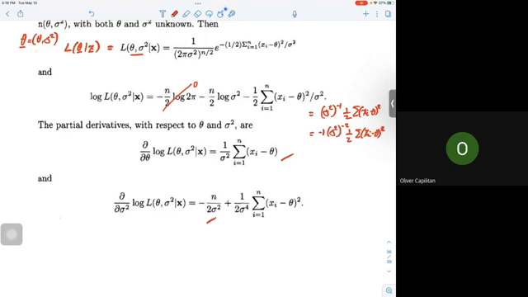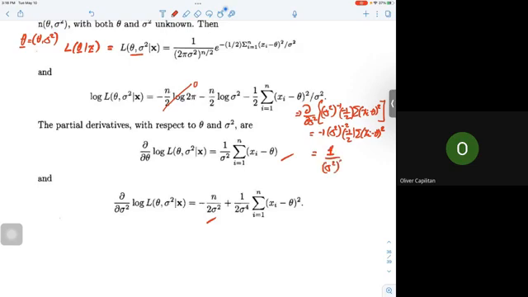This is not an equality; the derivative implies it. You take the partial derivative with respect to sigma square. That result will be equal to negative, there's also a negative 1 half, so it becomes positive: 1 over sigma square squared, times the summation of x sub i minus theta squared, with a 2.